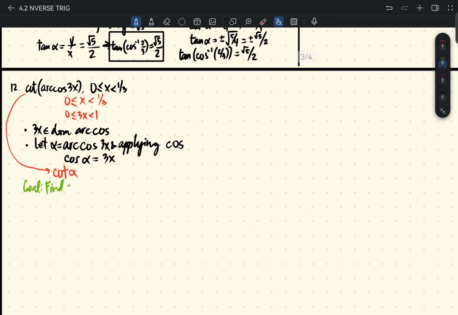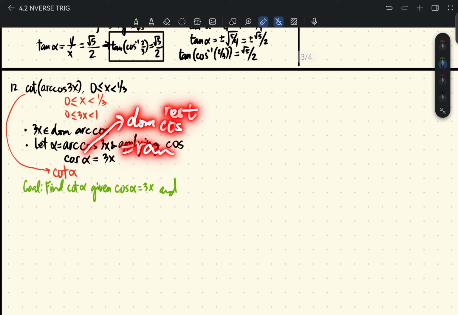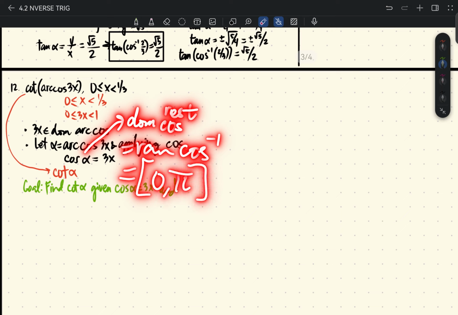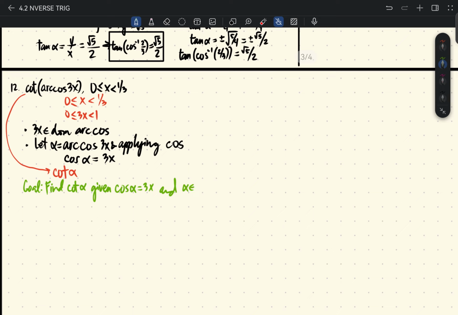Find cotangent alpha given cosine of alpha equals 3x, and we want alpha to be in the restricted domain of cosine, which is the range of cosine inverse, which is 0 to pi. So we want alpha to be in 0 to pi.